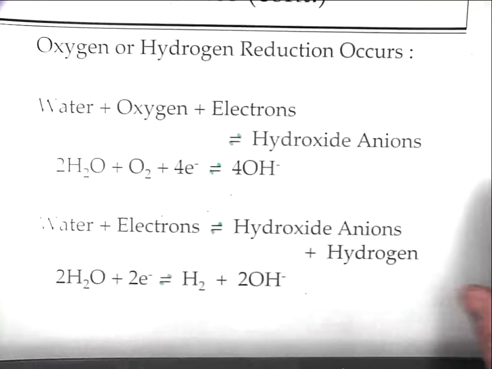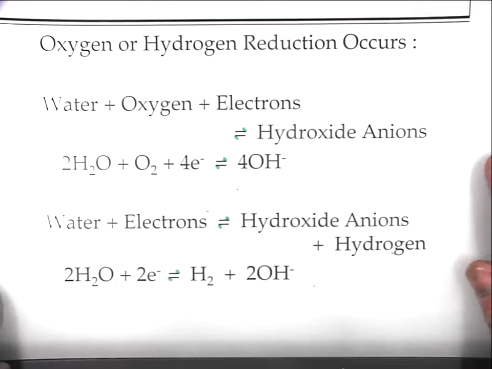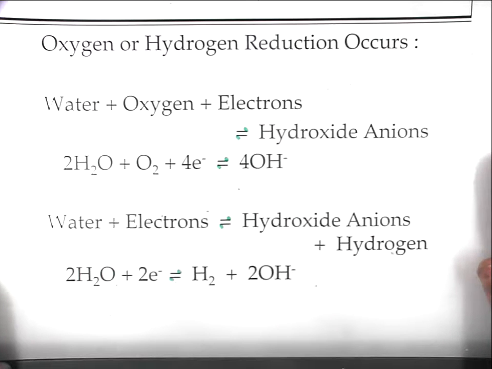And they look like this. So one possibility is the oxygen reacts with water to produce hydroxide ions. The other possibility is that water actually breaks down to produce hydrogen and hydroxide ions.